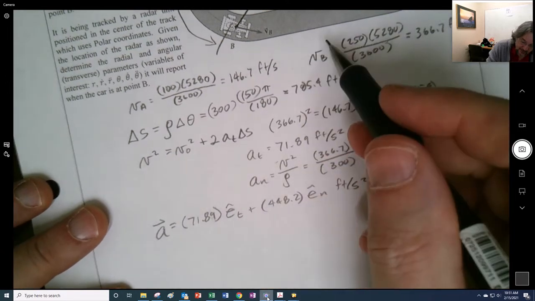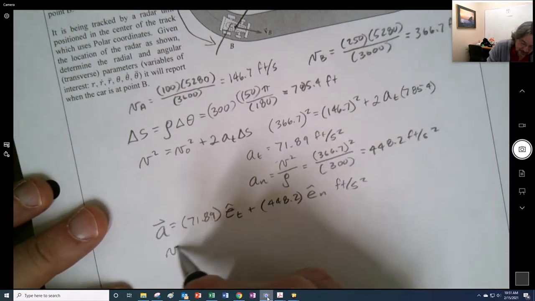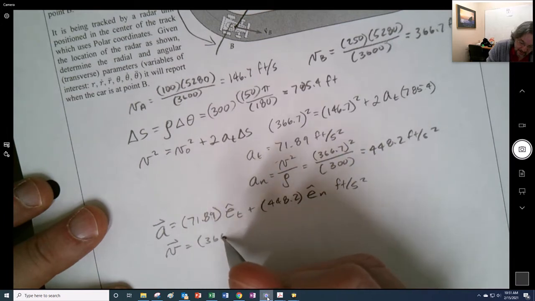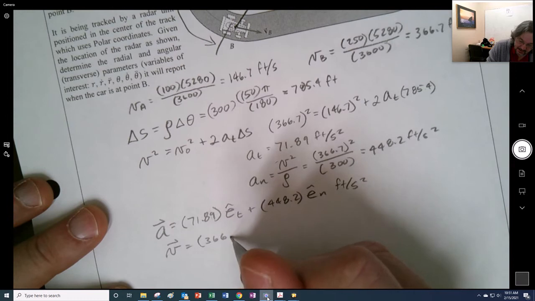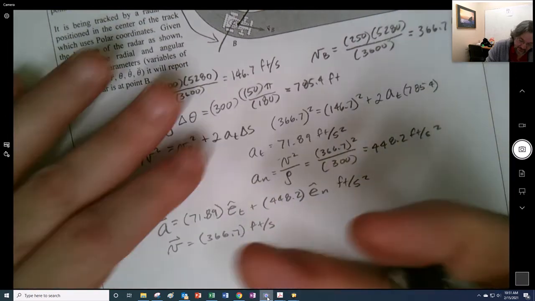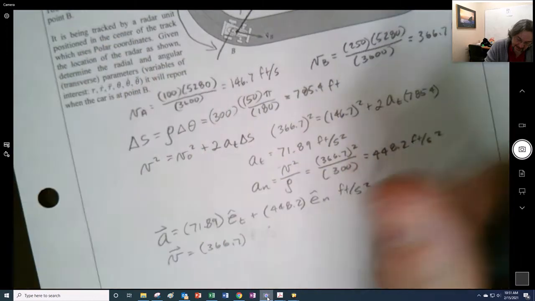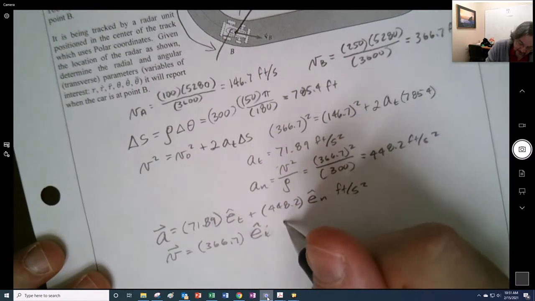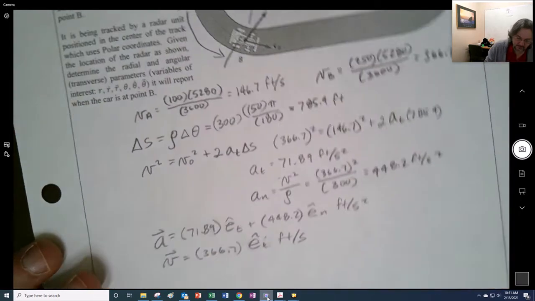And we could also say that the velocity at this time is 366.7 feet per second in ET, and nothing in the normal direction.